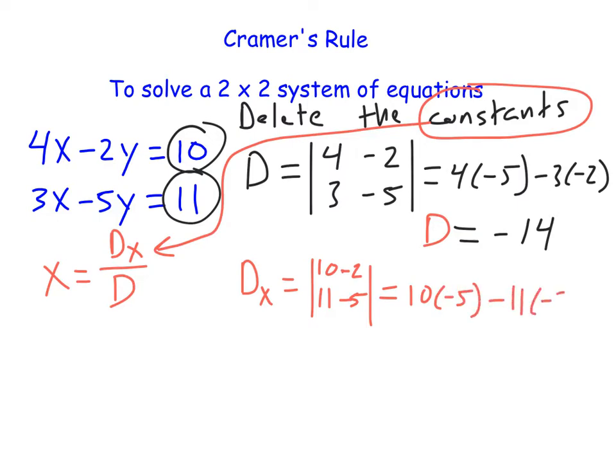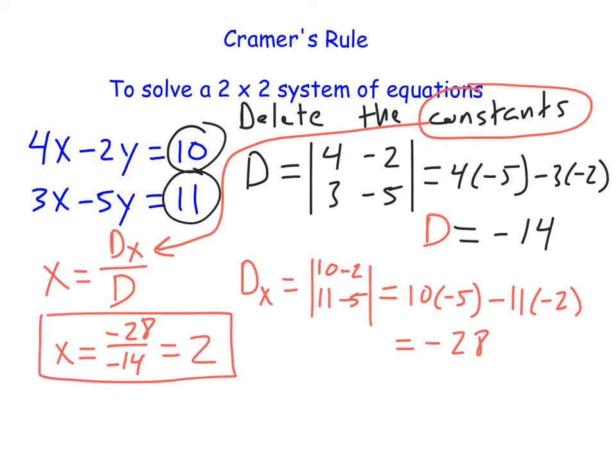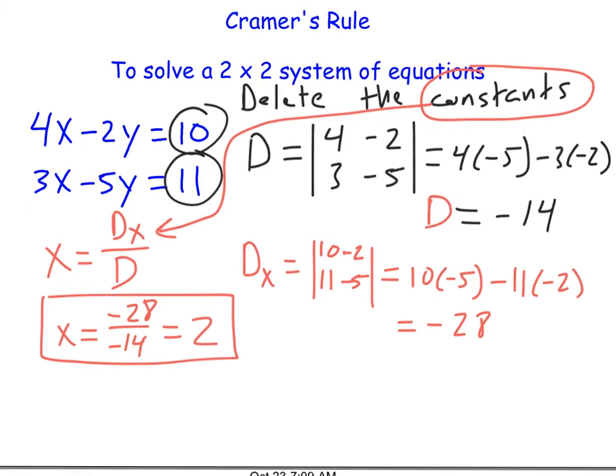And I do my 2x2 determinant. Comes out to be what? Negative 50 plus 22, negative 28. D sub x is negative 28. I already knew D was negative 14. Boom. X is 2.